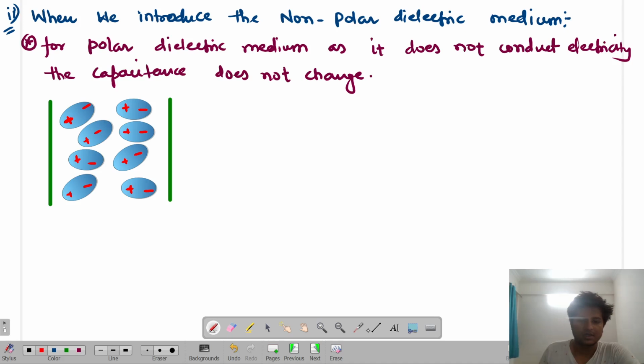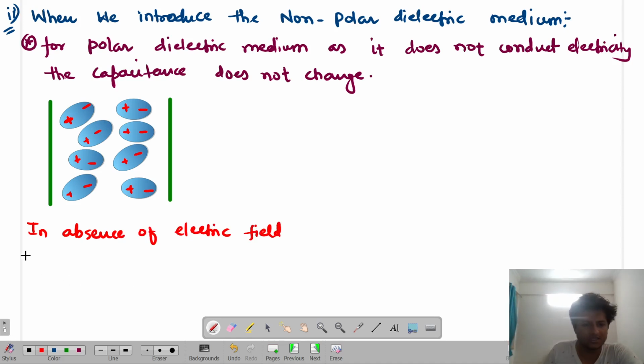So this is the particular point I'm writing: in the absence of an electric field, the polar molecules are randomly arranged, isn't it?